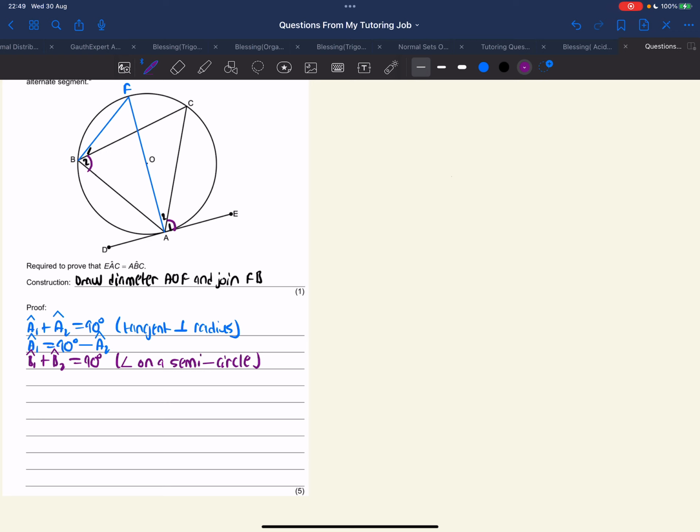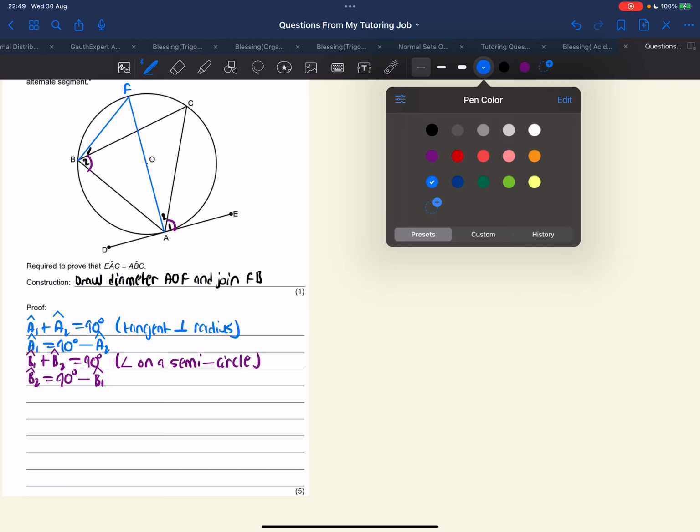So angle B2 is equal to 90 degrees minus angle B1.